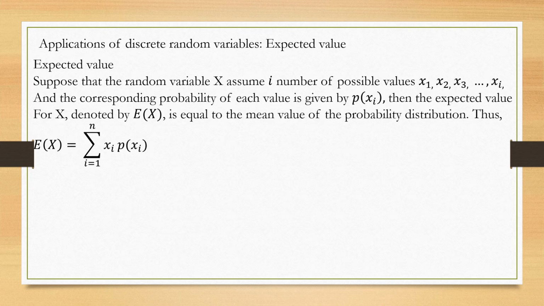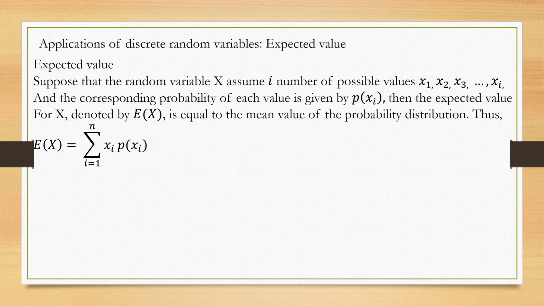Suppose that the random variable x assumes a number of possible values, x sub 1, x sub 2, x sub 3 until x sub i, and the corresponding probability of each value is given by p of x sub i, meaning the corresponding probability of the outcomes x sub 1 until x sub i. Then the expected value of x, denoted by E of x, is equal to the mean value of the probability distribution.